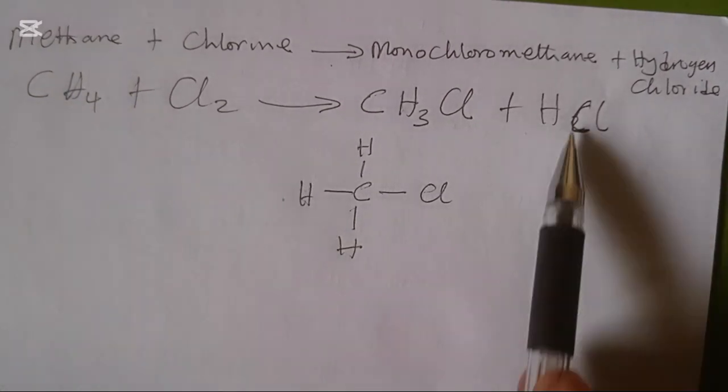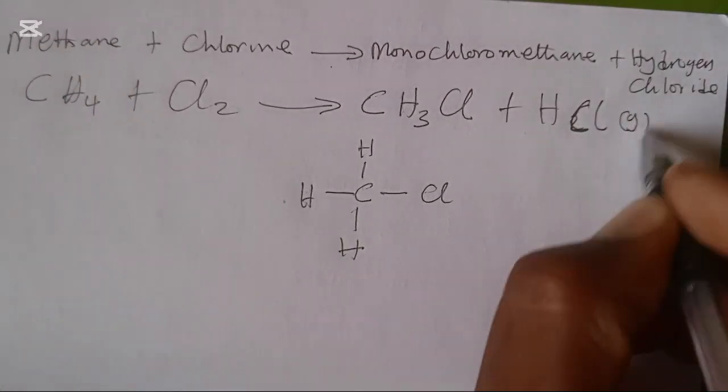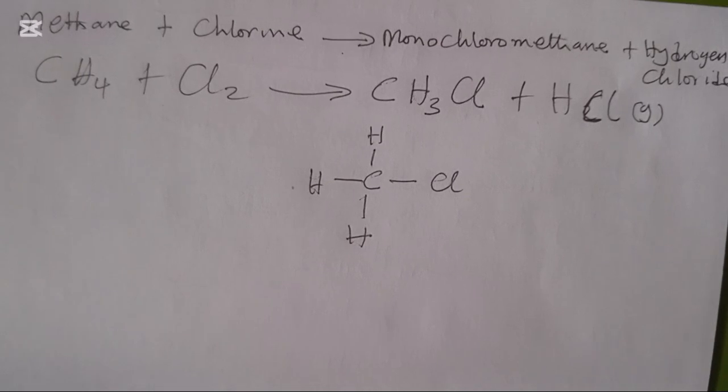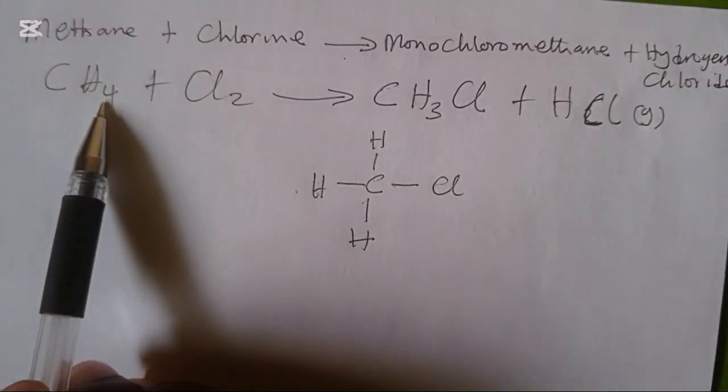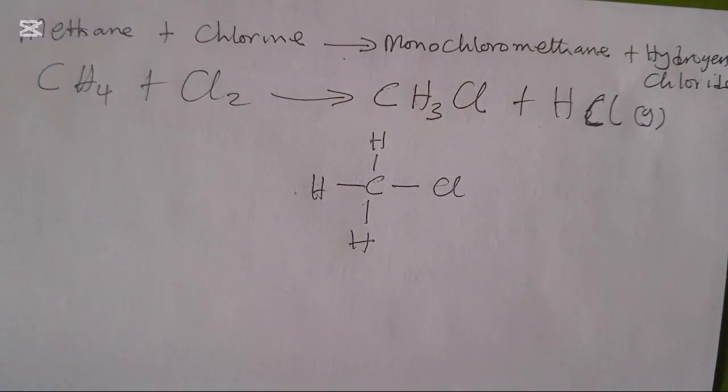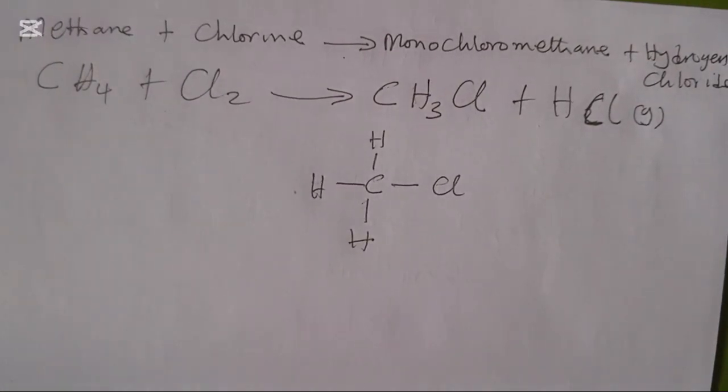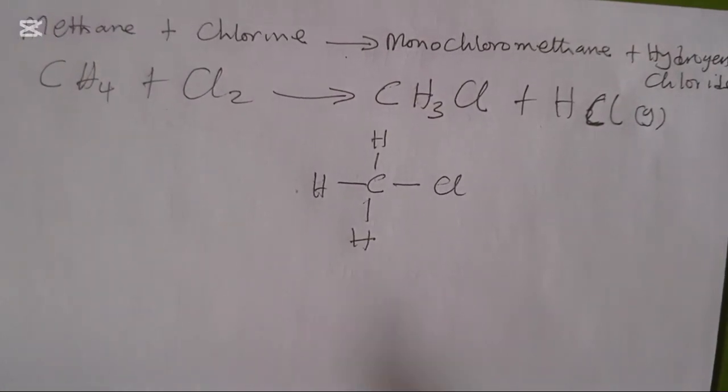That is the structure that we have. Okay, and this is hydrogen chloride gas. So if two hydrogen atoms are replaced, we are going to have dichloromethane.